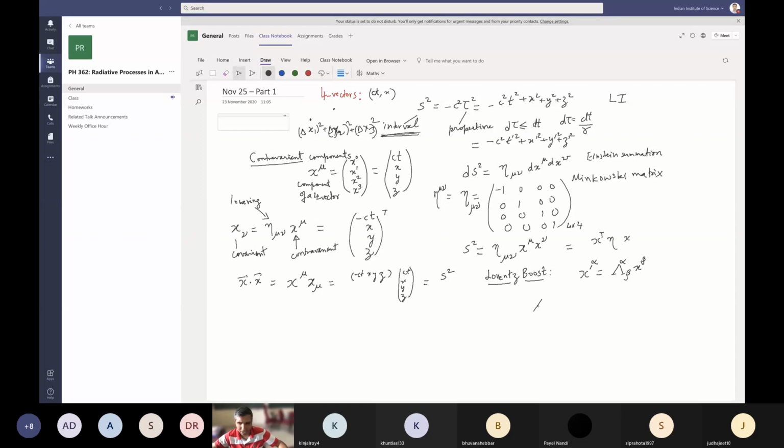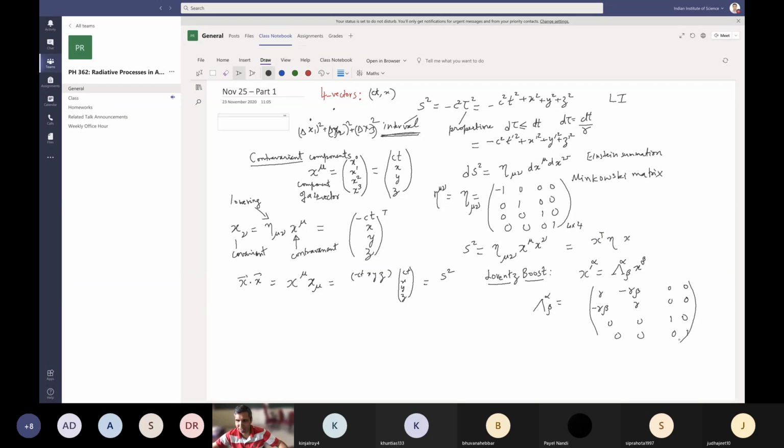So lambda beta alpha is equal to gamma, minus gamma beta, 0, 0, then minus gamma beta, gamma, 0, 0, then 0, 0, 1, 0, and of course 0, 0, 0, 1.